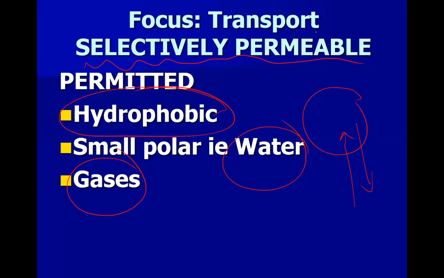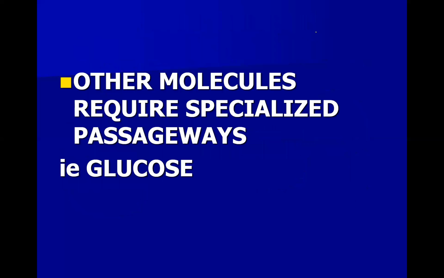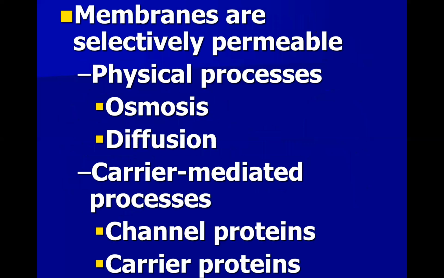So what we're going to do today, I'm going to wrap up. We're actually going to talk about the things that can just easily go through the cell membrane. And we're going to talk about two really important concepts when it comes to things that can move through the cell membrane. Really important concepts. And that is diffusion and osmosis.